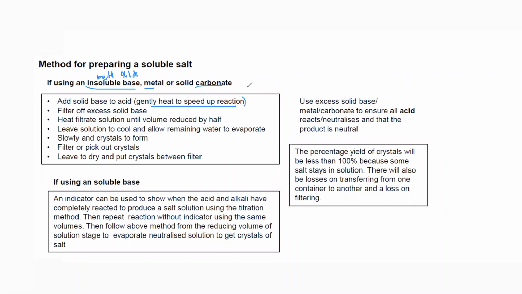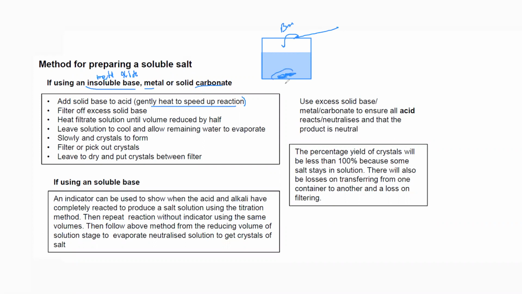So we take a container, and this container is filled with acid, and using a spatula we add the base or metal oxide. We add until no more dissolves. Then we remove the excess by filtration.